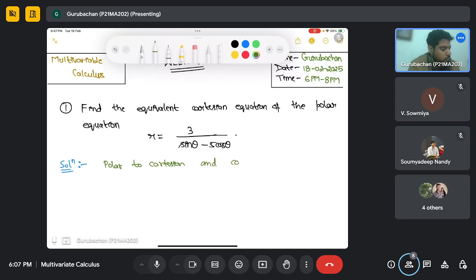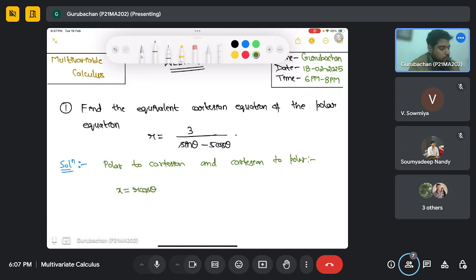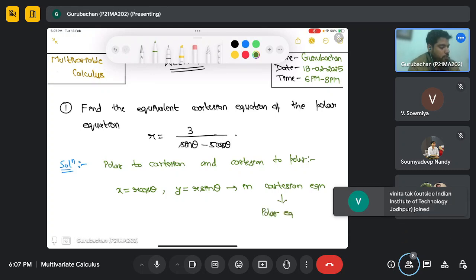We know that x is equal to r cos theta and y is equal to r sin theta. So either we can substitute this x and y value in the Cartesian equation and then we will get our required polar equation.